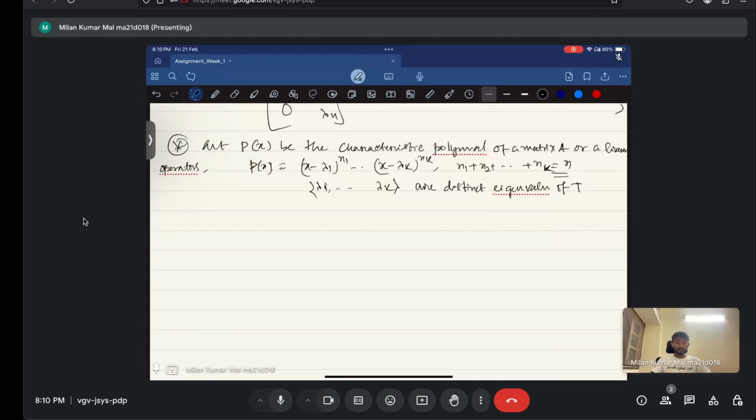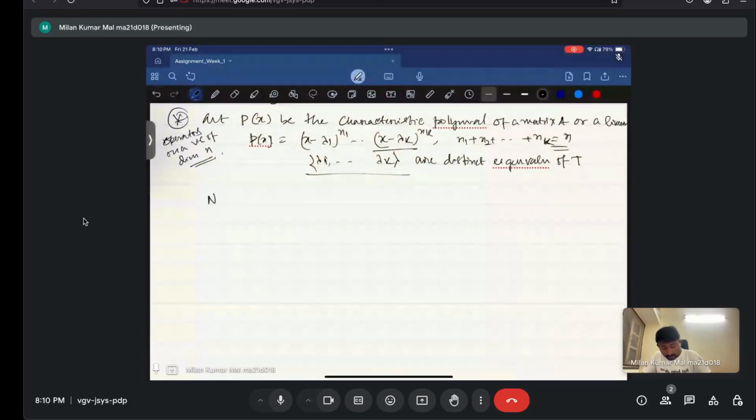For a linear operator on a finite dimensional vector space of dimension n, the characteristic polynomial will be this way, and n will be the maximum degree. So these are the distinct eigenvalues.